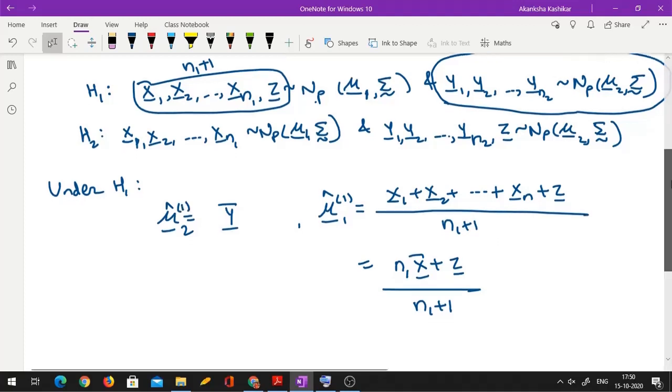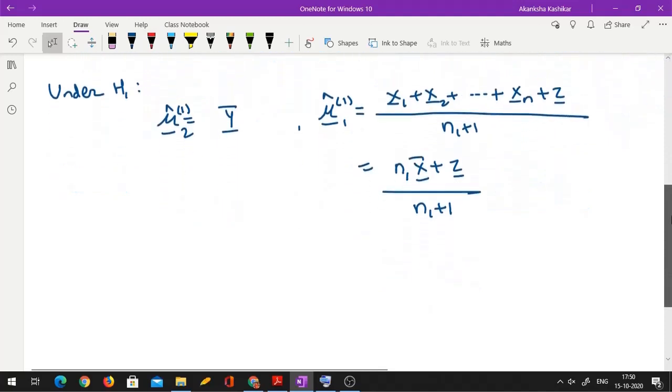Now we have to also compute sigma hat. Normally we know when you have a common sigma, you have to take the CSSP matrices from both the populations, add them and divide by the total number of observations. Am I right?